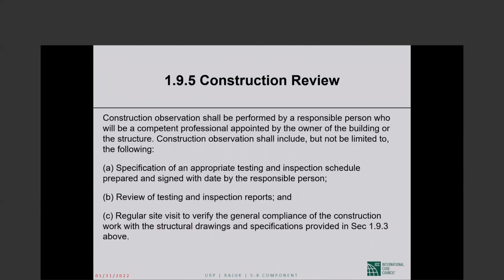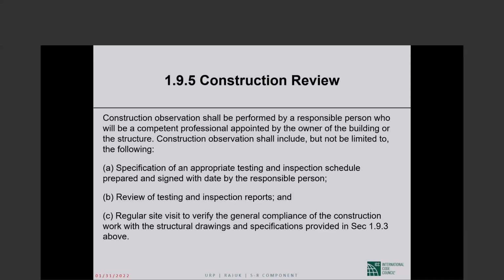So that was design review. Now it is construction review or construction observation. So construction observation shall be performed by a responsible person who will be a competent professional appointed by the owner of the building. Now the owner appoints the construction observer, as he is being called here, not the jurisdiction, not the authority.